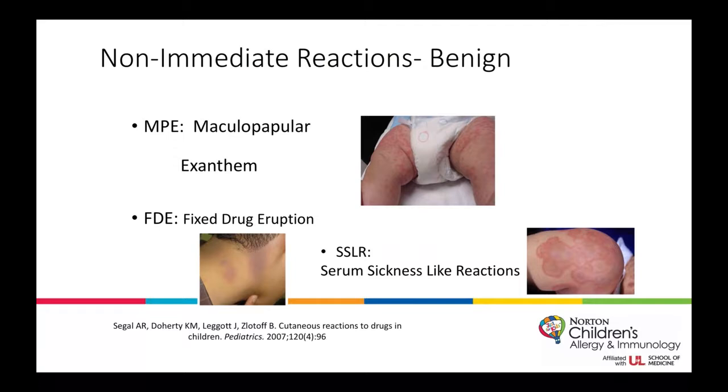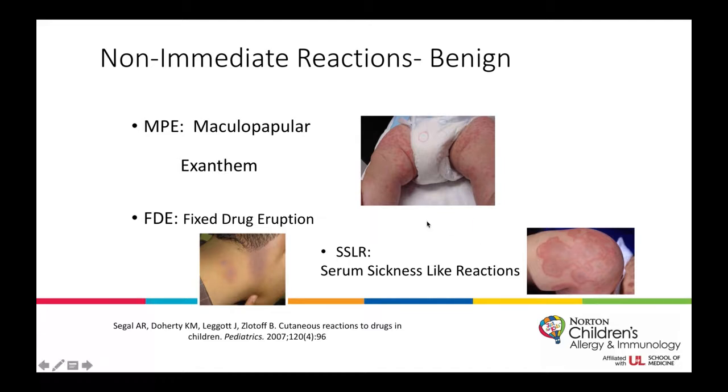I did want to talk about non-immediate, benign reactions, so not the T-cell mediated reactions. These are all exanthems. They are not IgE mediated. They do not progress to anaphylaxis. And very rarely they can progress to the severe cutaneous adverse drug reactions, which are DRESS, SJS, and TEN.